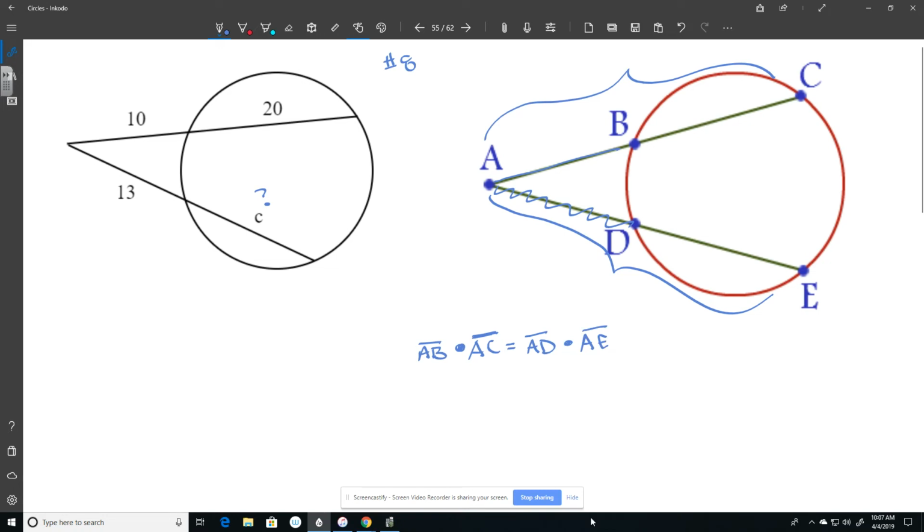So if I take AB and multiply it by the big line, that's going to equal AD multiplied by the big line. See if you can use that to solve this circle for C.